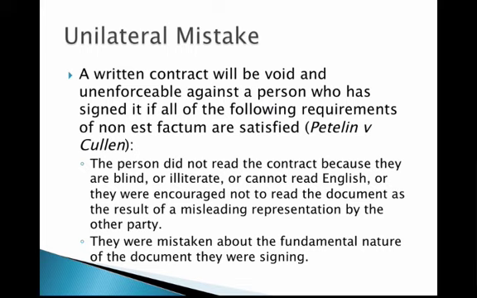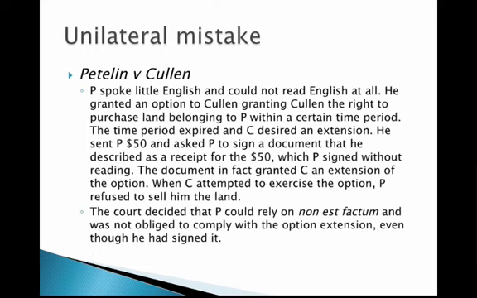And two, they must be mistaken about the fundamental nature of the document that they're signing. So they have to be signing something that they had no idea what they were signing. If you can make those two out, you've established non est factum, that it is not what you intended to actually do.